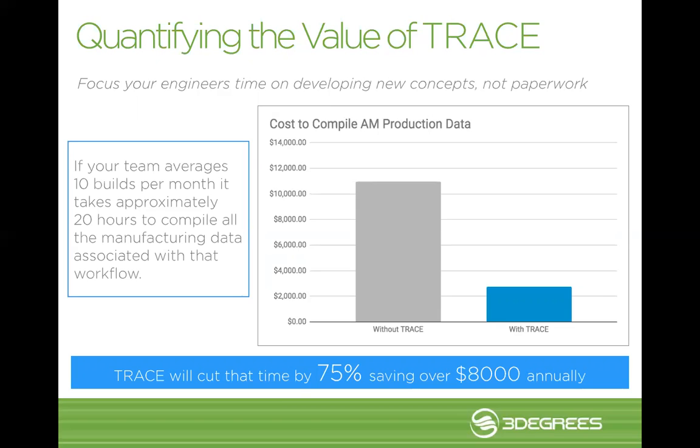So we were able to show that just in time alone, we can cut time to compile, present, evaluate and export all this data by 75%. And if you look at how much time that would be in actual engineering hours, it'd be close to $8,000 annually.